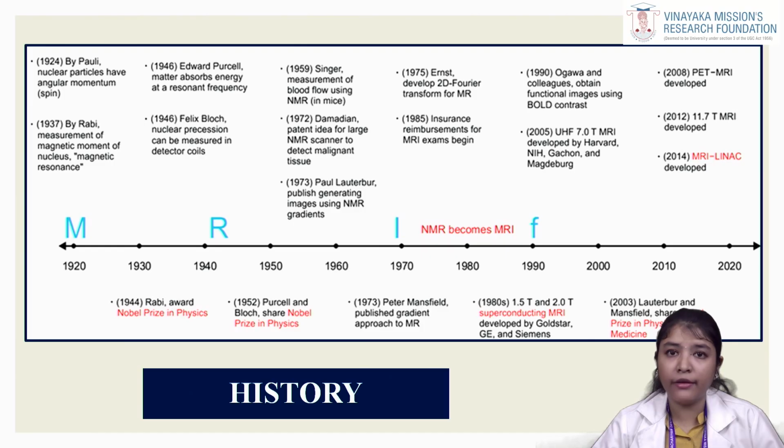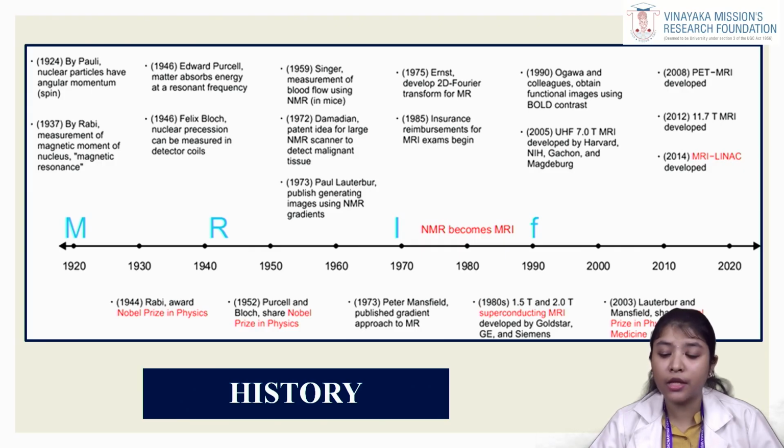In 2005 ultra high field 7.0 Tesla MRI was developed by Harvard and Co. And in 2003 Lauterbur and Mansfield got the Nobel Prize in Physiology and Medicine. In 2008 PET MRI was developed, in 2012 11.7 Tesla MRI was developed, and in 2014 MRI LINAC was developed, and now it is evolving and MRI is getting into AI implementation.